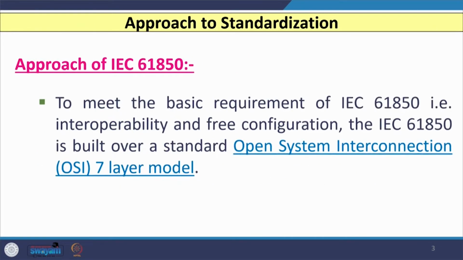Now, let us discuss first how we can approach the standardization. In the previous lecture we discussed the important objectives of IEC 61850: interoperability, free configuration and long term stability are the 3 important objectives.